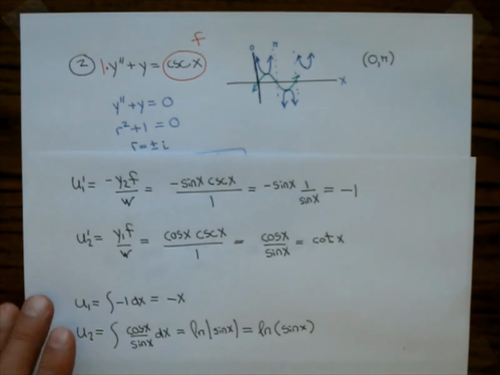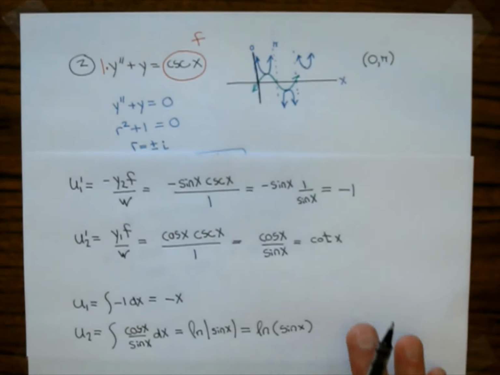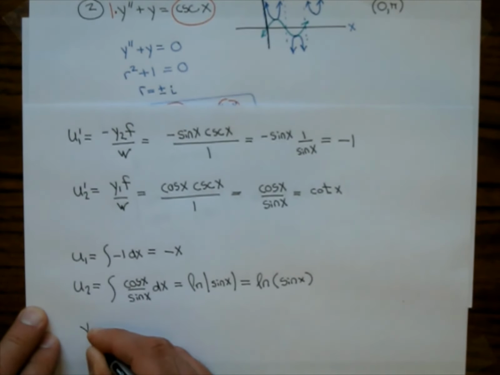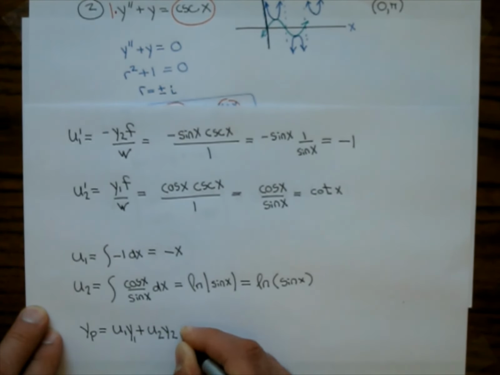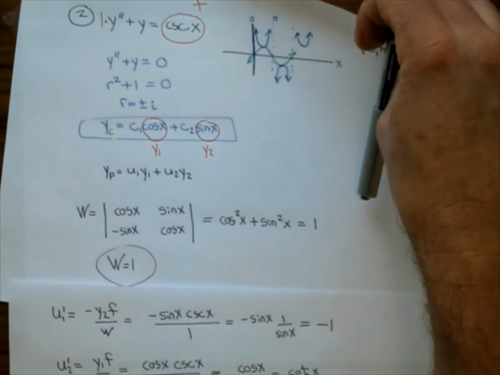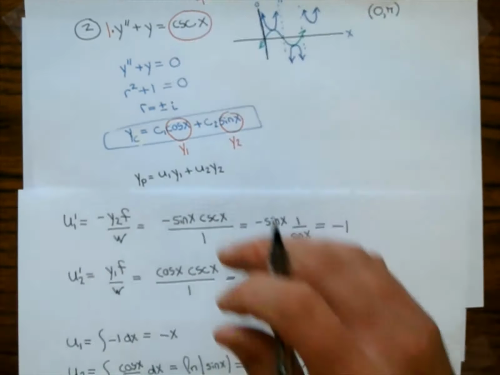So now it is time to write out the formula here. Our y sub p is going to be u1 y1 plus u2 y2. u1 is negative x, and y1 is the cosine of x.